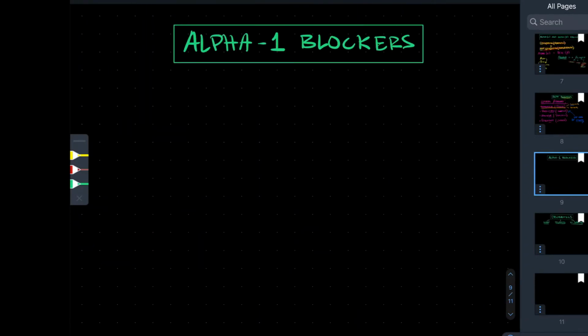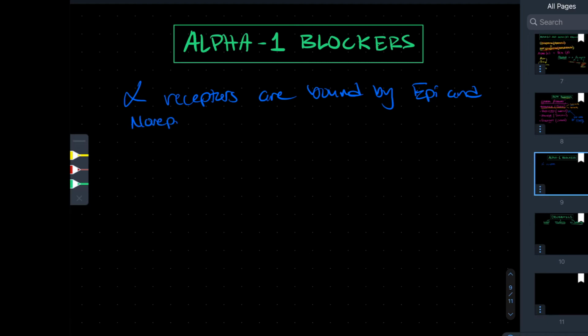And so on the other side, we have alpha-1 blockers. So once again, alpha receptors are bound by epi and norepi.